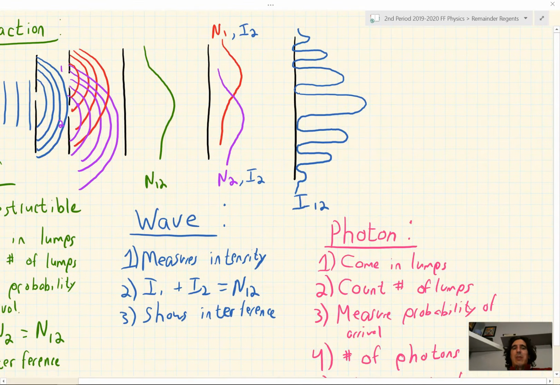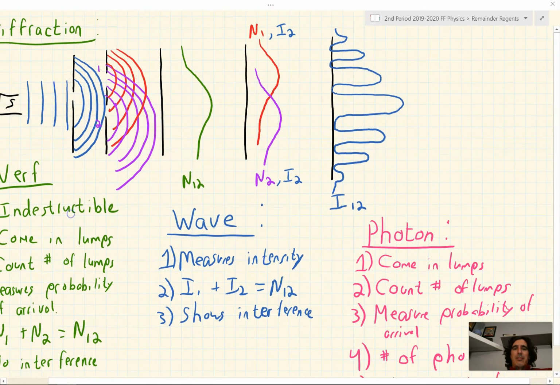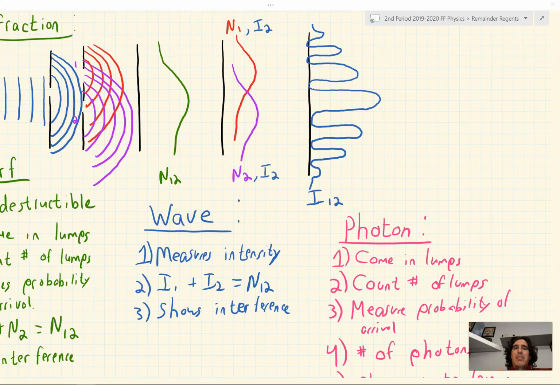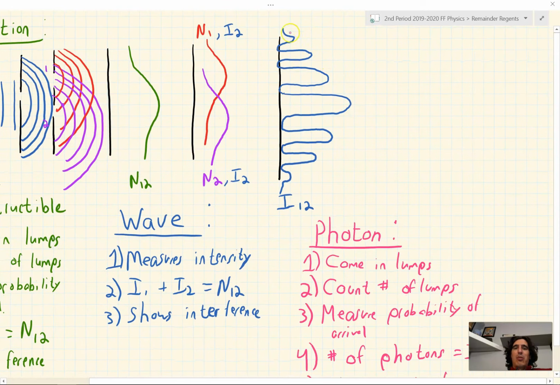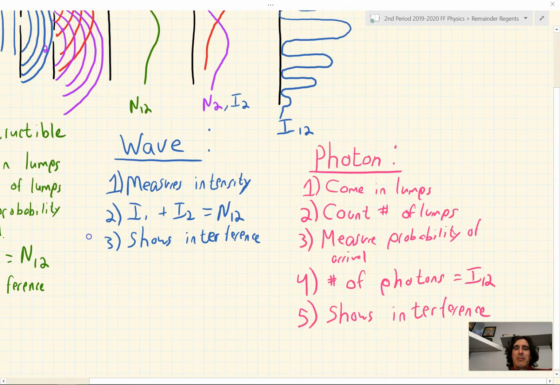If we did the same thing by closing off holes one at a time, if we closed off hole number 2, we would get N1, which counts the number of photons that went through hole 1. If we closed off hole 1, we get N2, the number of photons that went through hole number 2. If we added the number of photons that went through hole 1 and through hole 2, we would expect to get this image of the number of photons going through holes 1 and 2, but the number of photons that go through holes 1 and 2 is I12.